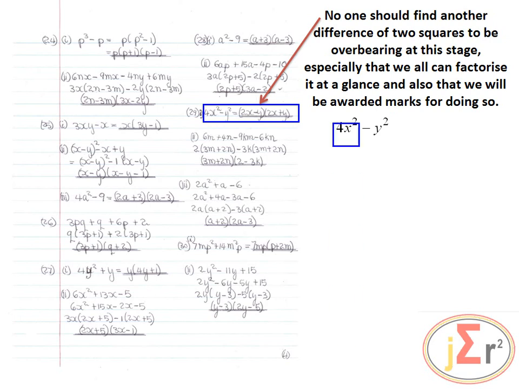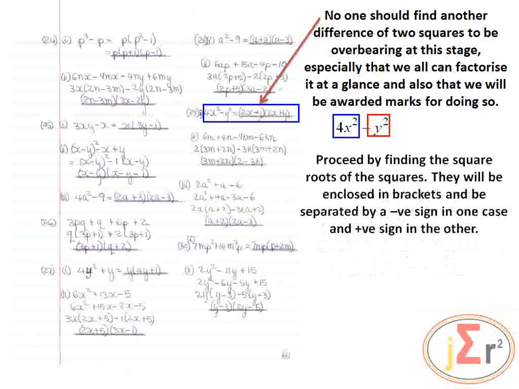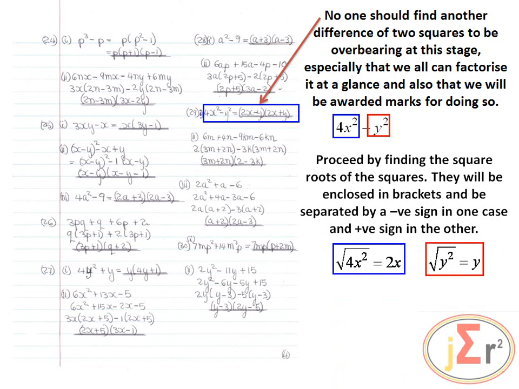So we will go straight ahead and factorize the difference of two squares by finding the square roots of the squares. They will be enclosed in brackets and be separated by a negative sign in one case and a positive sign in the other. Square root of 4x squared is equal to 2x, and square root of y squared is equal to y.